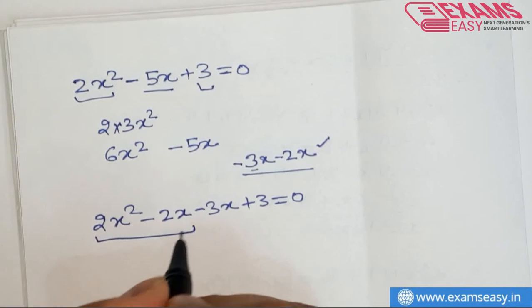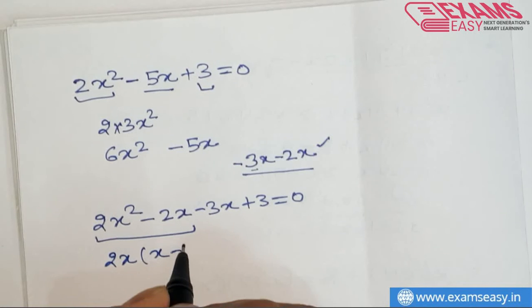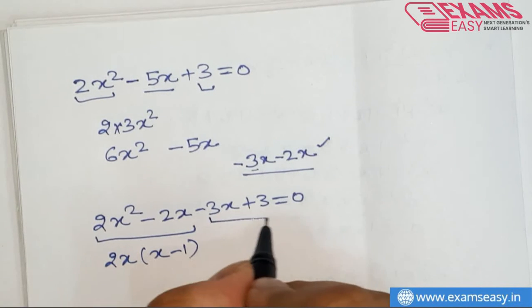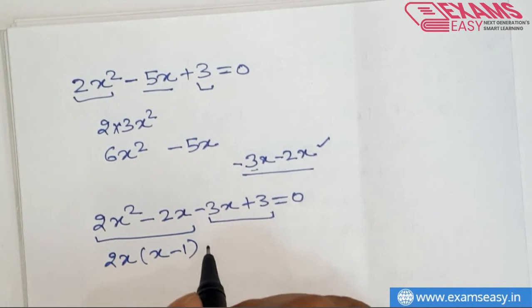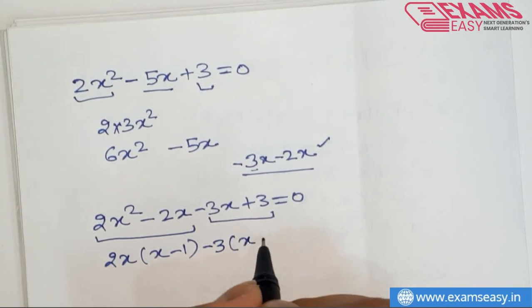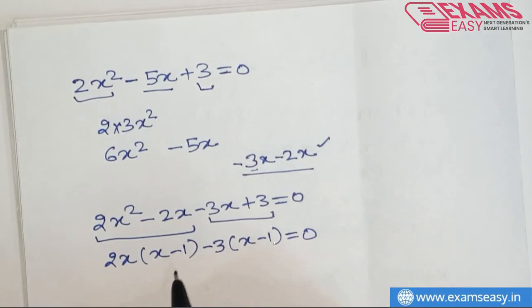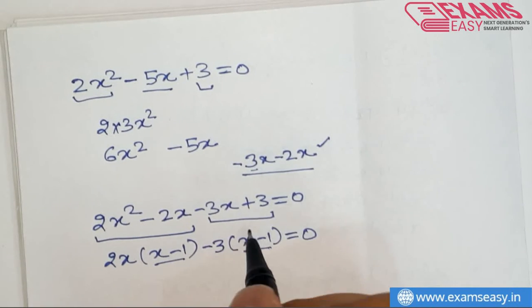From the first two terms we can take 2x as common, then we get x minus 1 in the bracket, and from the second two terms we can take minus 3 as common, then we get x minus 1 within the bracket, equal to 0. Here we can see that x minus 1 in both brackets is the same, so we have taken the correct common in both the terms.